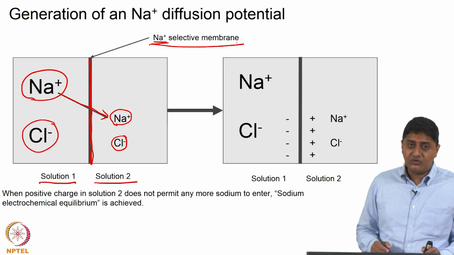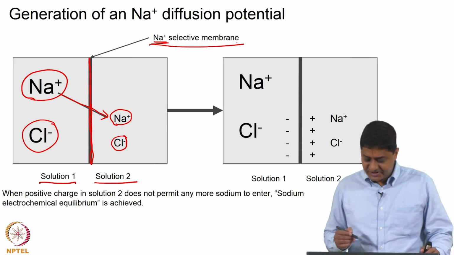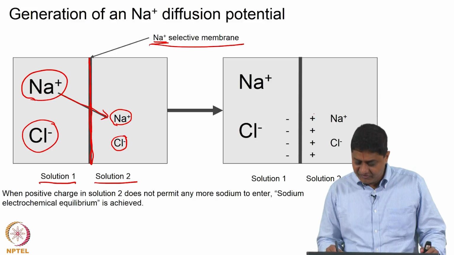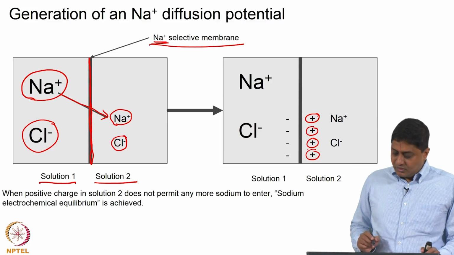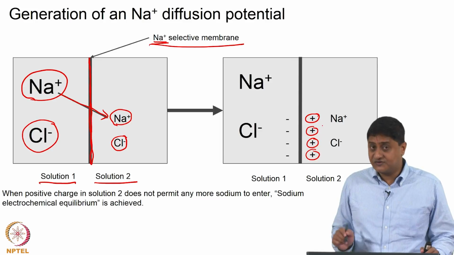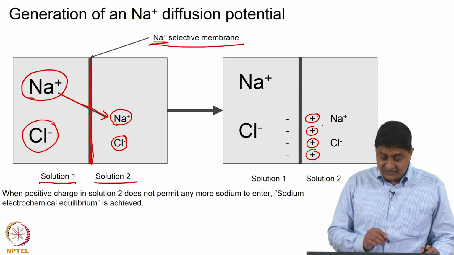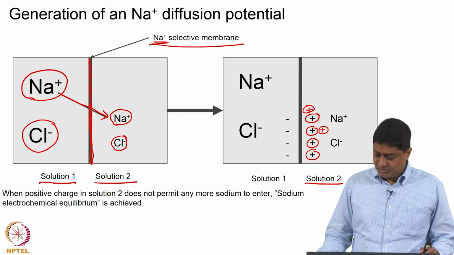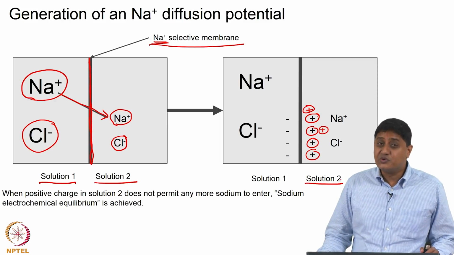But since only sodium is diffusing, this causes a buildup of positive charge on the right side. If chloride was also able to diffuse, you would not have this situation, but when sodium alone is diffusing, you have a buildup of positive charge in solution 2.